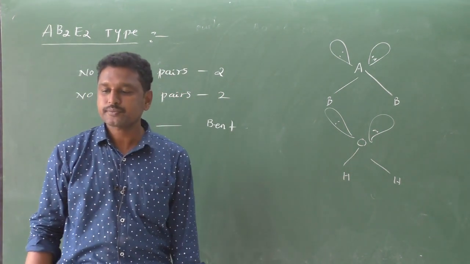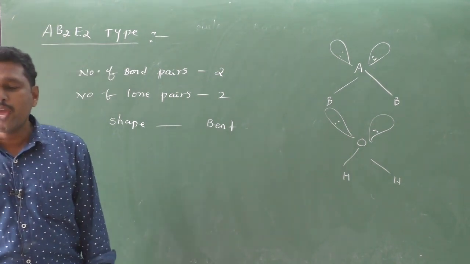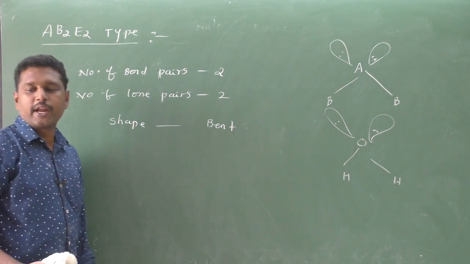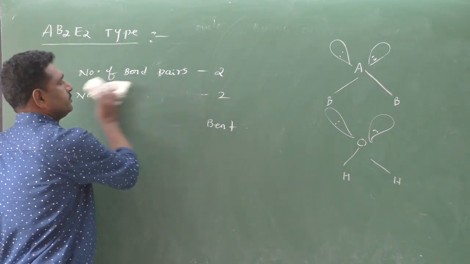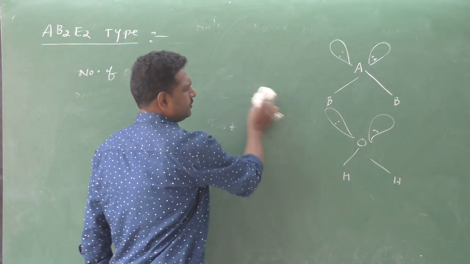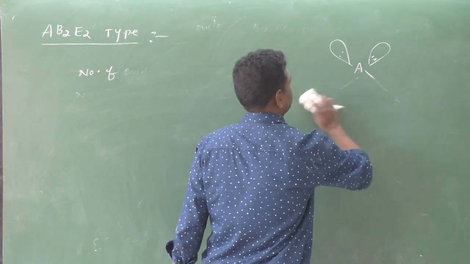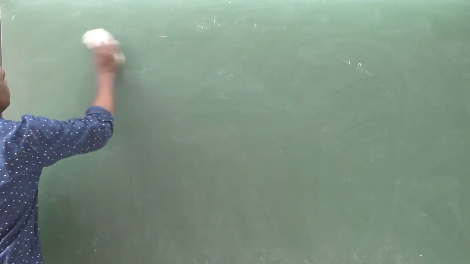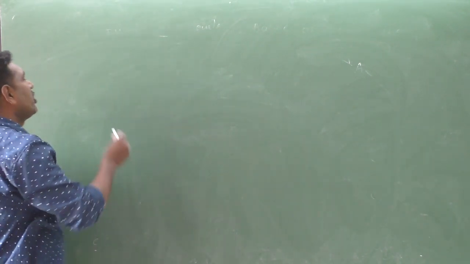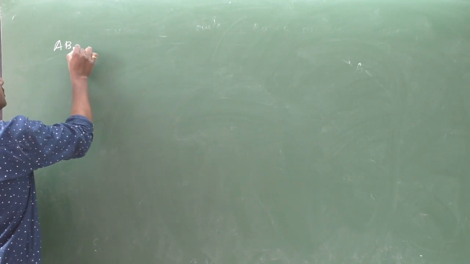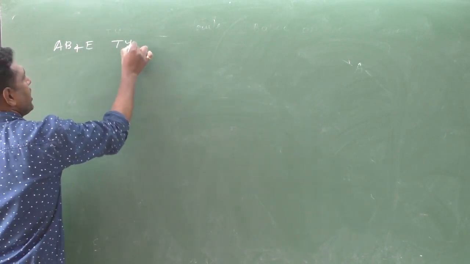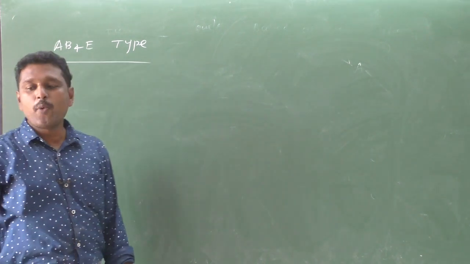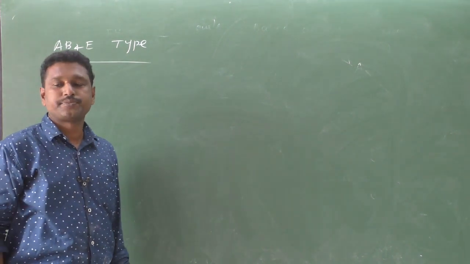Next one, AB4E type. AB4E type means how many bond pairs?